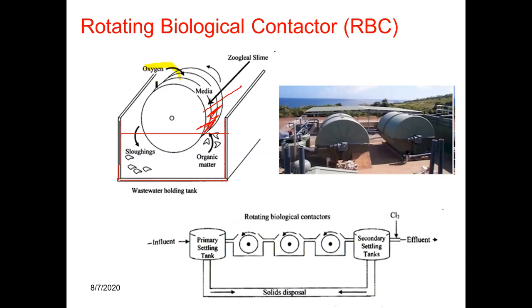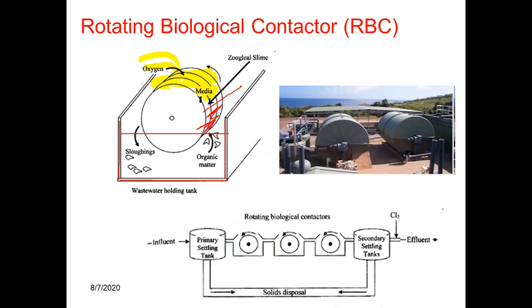That means now the surface of the drum is wetted with wastewater and attached with microorganisms. Now oxygen is coming from the atmosphere. So now all three ingredients are there: organic matter, microorganisms, and oxygen. Then they convert the organic matter into simple end products, CO2, H2O, and other products.